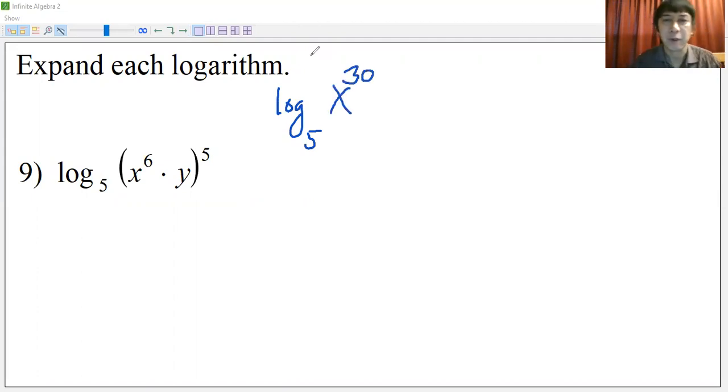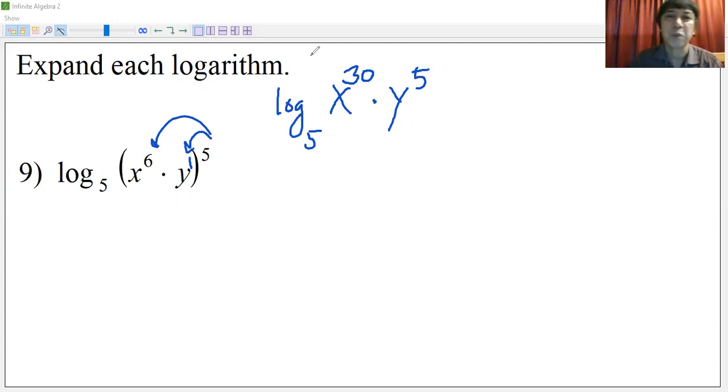There. And the y will be raised to the 5. Okay, go back to the law of exponents if you did not get this part. All right, so you simply distribute. There's a 1 here, of course. That's y to the 1, and then this is 5 times 1, and this is 5 times 6. Okay, that's why we have x to the 30 and y to the 5.